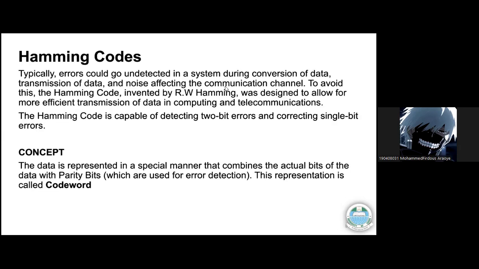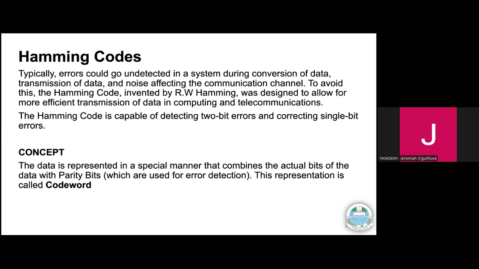I'll pass it over to Jeremiah to explain Hamming techniques. Okay. Hello, everybody. So we'll be talking about Hamming codes. The purpose of Hamming codes was to reduce errors during communication, computing, and telecommunication.